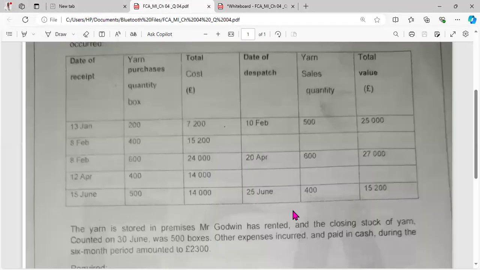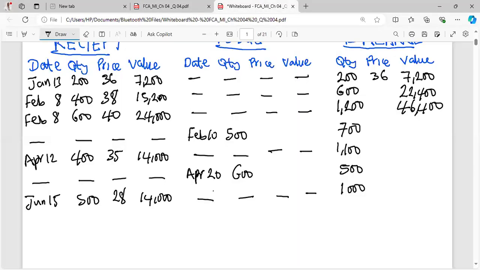Then the next thing here is 400 on June 25th. So June 25th is issue. June 25, 400. So there's going to be a dash here, dash, dash, and dash. So 400, take it away from 1,000, it should be giving us 600.